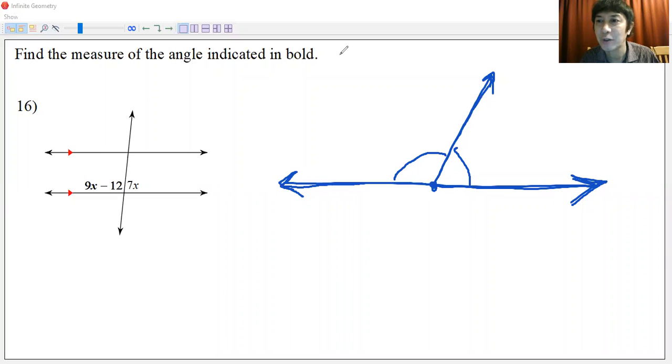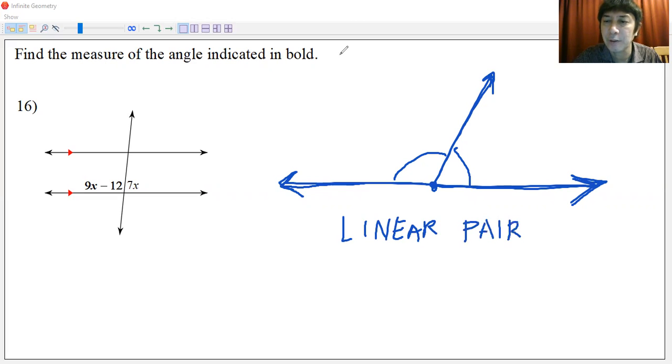That's why it's called a linear pair. And a linear pair is supposed to be supplementary. The total of this and this is 180 degrees. So this is what you call a linear pair.